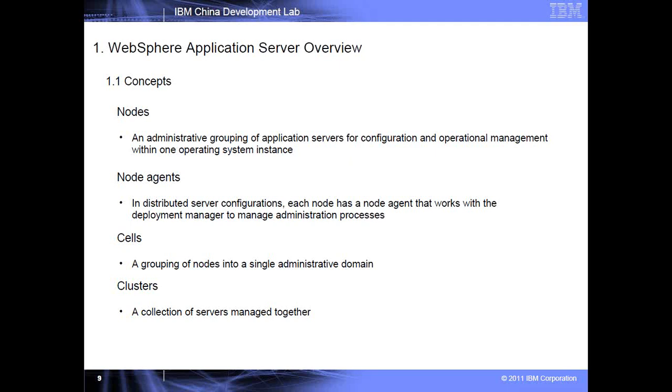One node can have many JVMs, so a grouping of nodes means the entire architecture. For example, Gmail is one cell and Yahoo is another cell. Under Gmail we can have many JVMs, which are managed by the nodes. The combination of those nodes is called a cell.